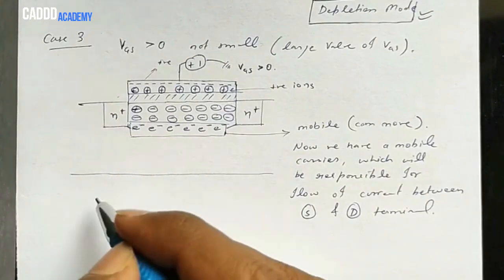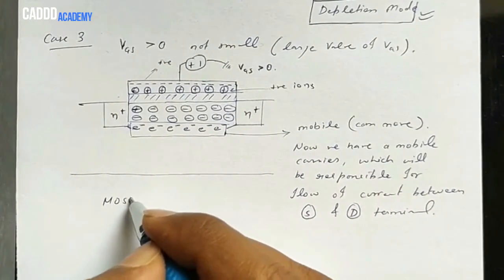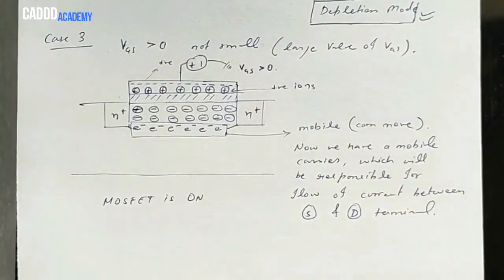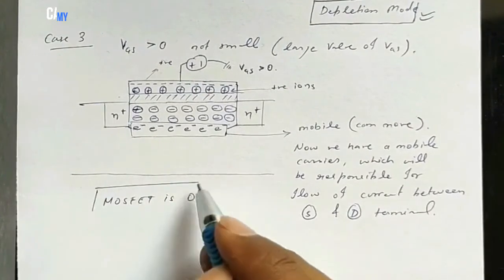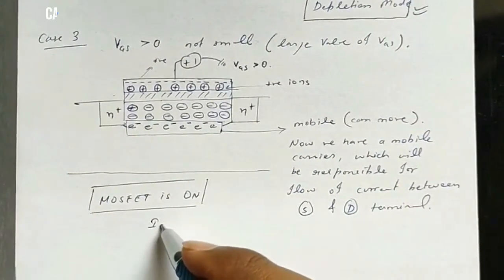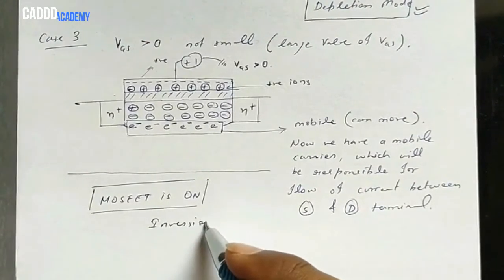Now the MOSFET is on. And this mode is called inversion mode.